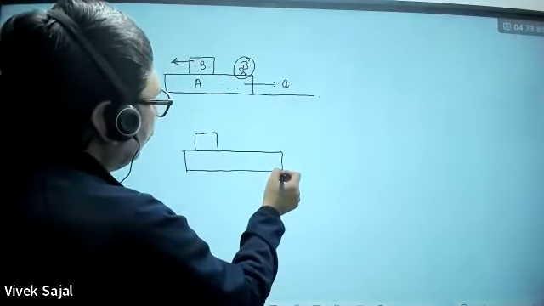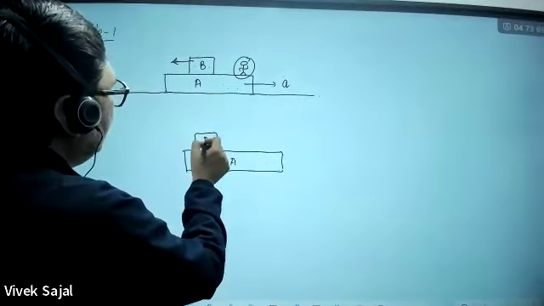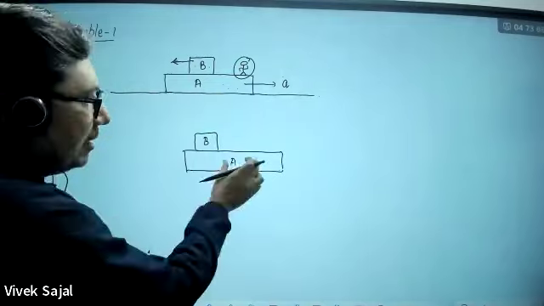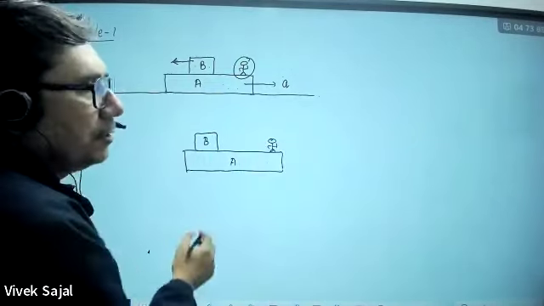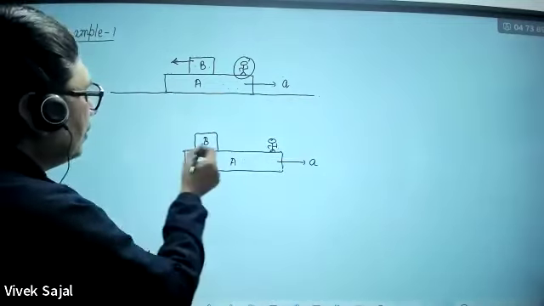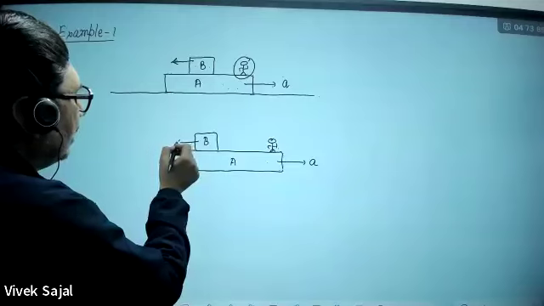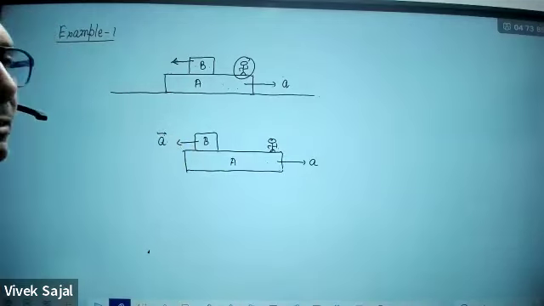With respect to the lower block A, this B block is moving to the left. So what this person is going to observe is that this block is moving in the backward direction with an acceleration a.